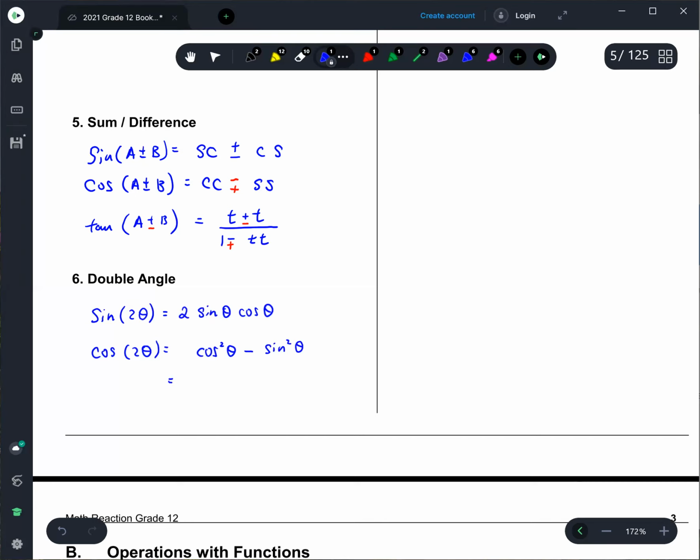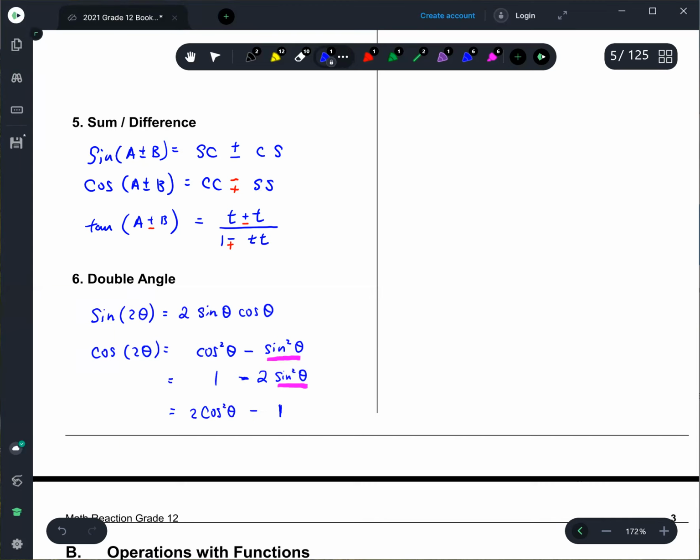And then from here we have 1 minus, because I make one of them become 1 and put a 2 at the front, sine squared. So sine squared at the back. The other one is to make the second term 1, and then the first one 2 cosine squared.